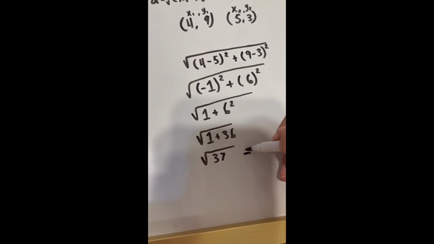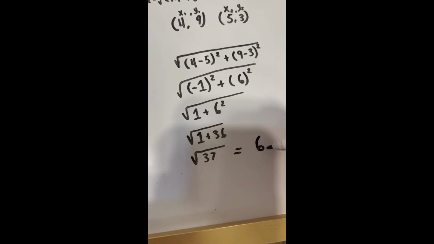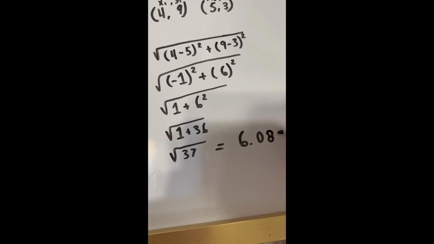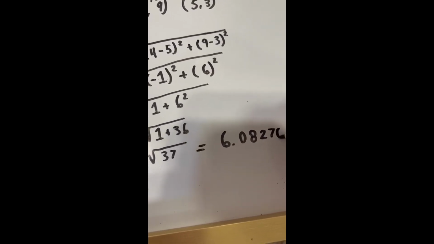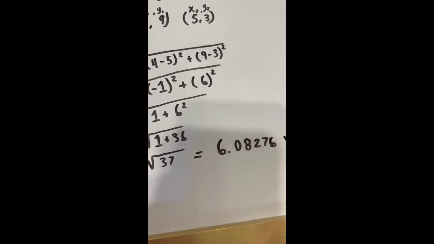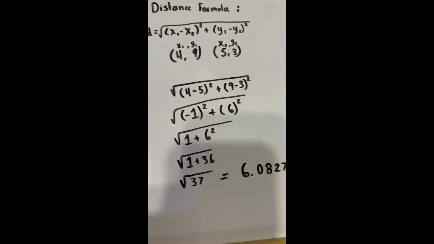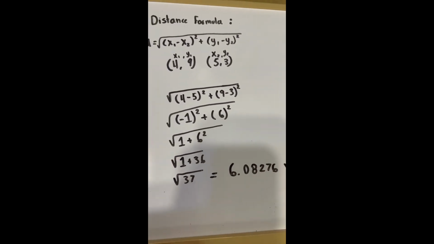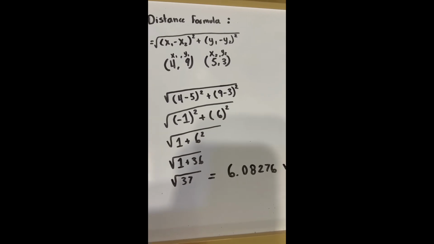Now we add those together, and that gives us the square root of 37, which equals 6.08276. And that is how we use the distance formula to figure out the distance between 2 points.